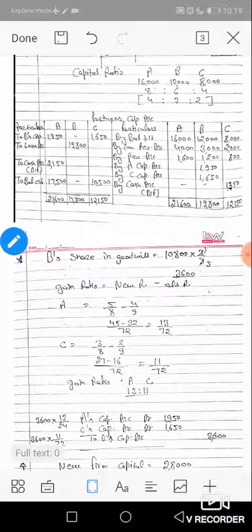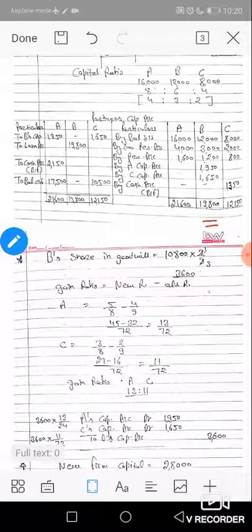Okay. Now next, first of all, before we solve our next adjustment, I will calculate B's balance. Because in the last line there is information given that the entire balance of B's account is transferred to his loan account.